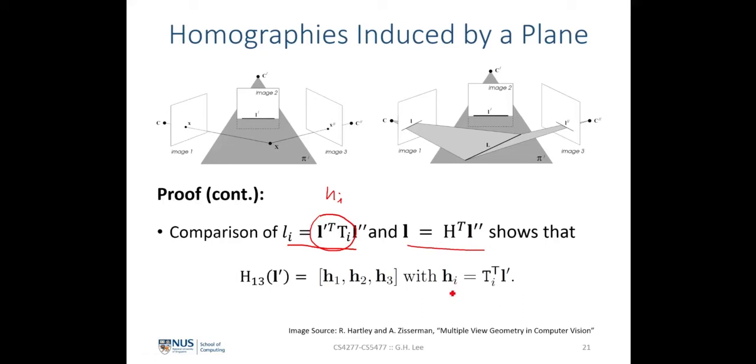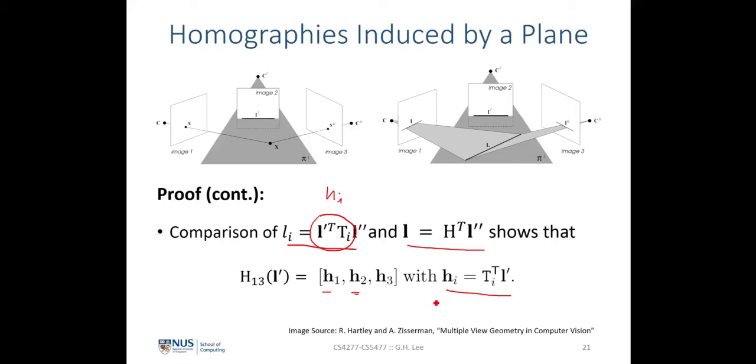So here the particular column Hi is given by Ti transpose multiplied by L prime. Since there's a transpose over here, this means that we transpose this guy, and this is the relation that we will get for every single column.